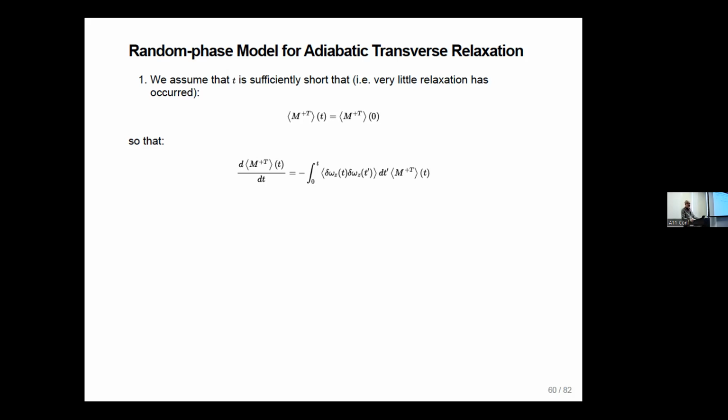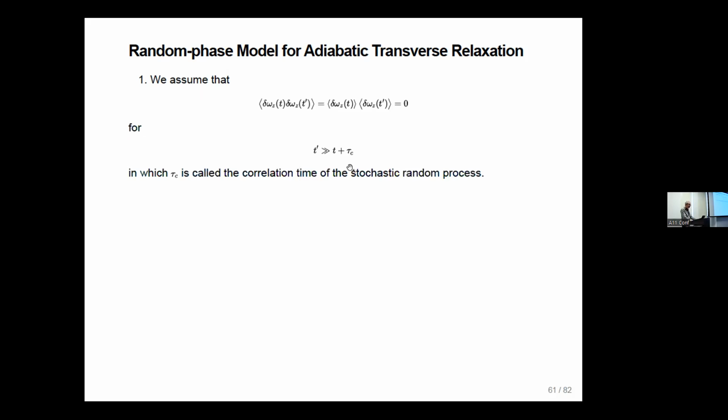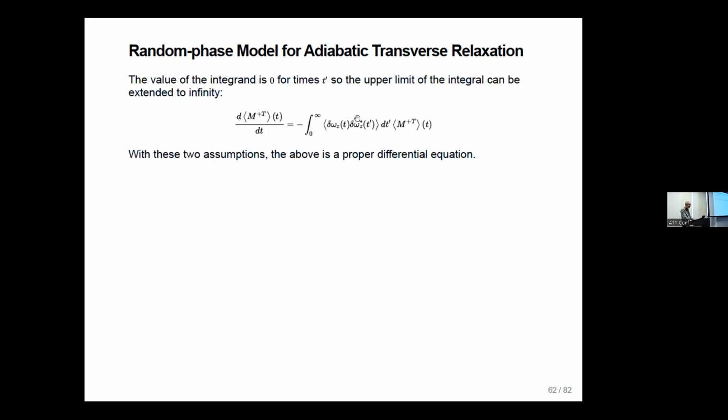And once I do that once or twice, I realize that I don't have to worry about this assumption at all. So I can replace 0 with t. And then the critical assumption is that I'm interested in times much longer than the correlation time of the process, so I can extend to infinity. So I can't tell you in this theory how the spins relax on a nanosecond time scale.